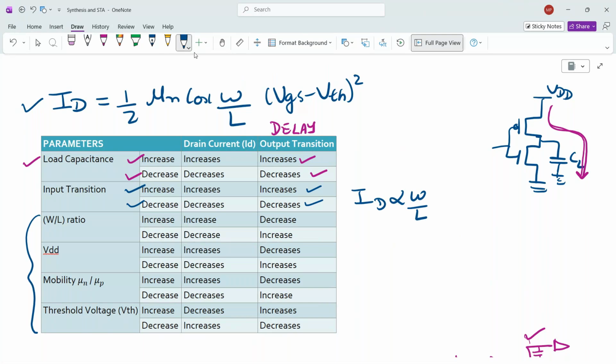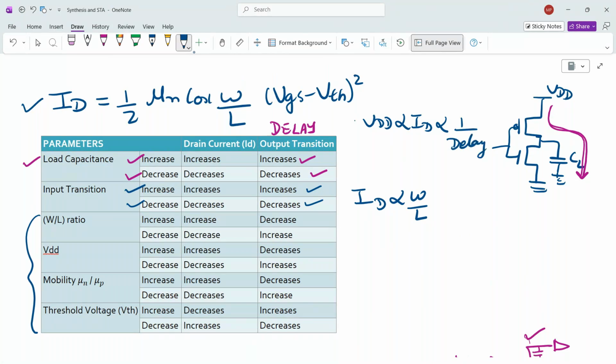Now one more thing, if ID is more, if it is strong, it will be charging the load capacitance CL faster. If I provide less VDD, ID will be less, and if ID is less, the delay will be more. It is inversely proportional to the delay.